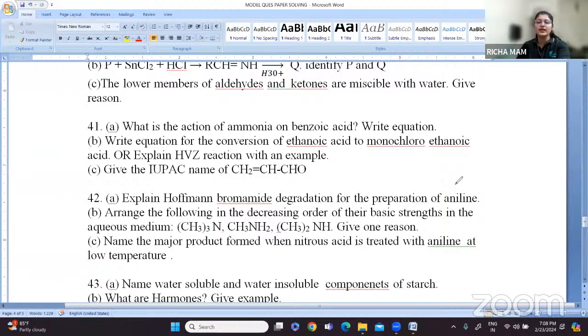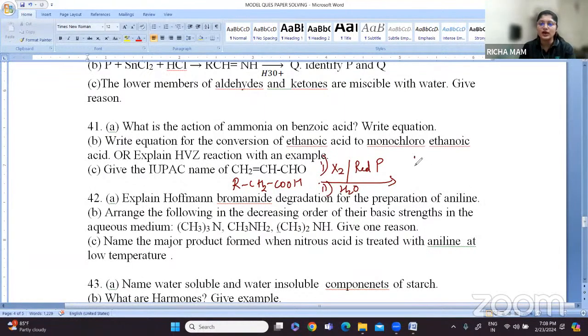This is called the Hell-Volhard-Zelinsky reaction. So I'll write the example here. It is RCH2COOH in the presence of X2, red phosphorus, and water.